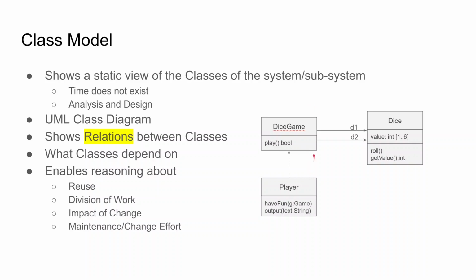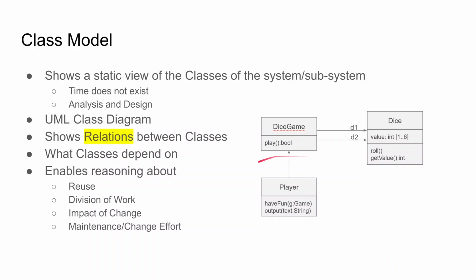And consequently, if we change dice game, maybe player is also affected. So in this way, we can judge the impact of a change, the maintenance and change effort. So if we have a class that we have a lot of dependencies to, changing that class is often a little bit risky, because we need to check that something does not become broken in all of the other classes around it.